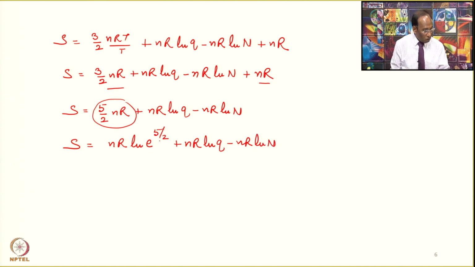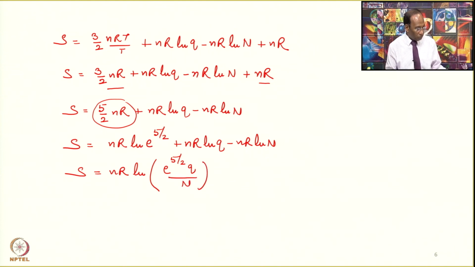So this nR log exponential 5/2 is 5/2 nR. So S now becomes nR log of exponential 5/2 times Q by n. That is what I have now.